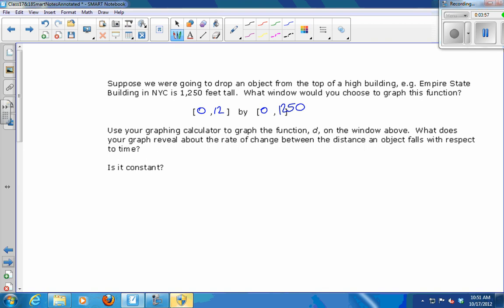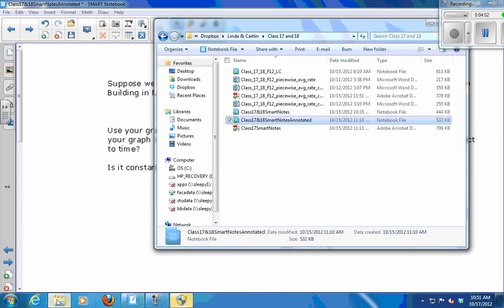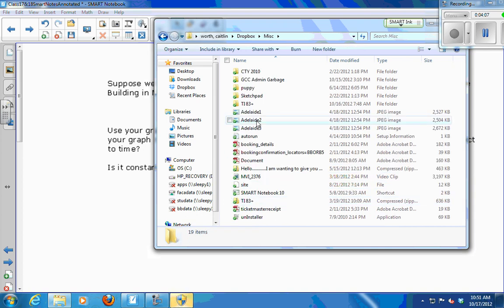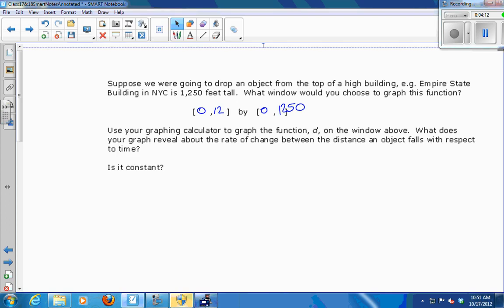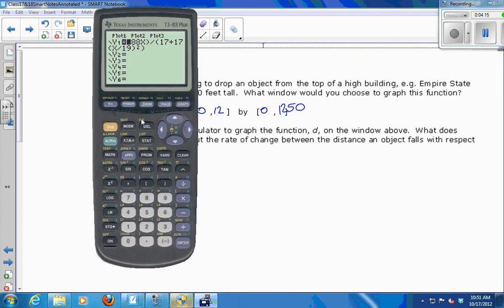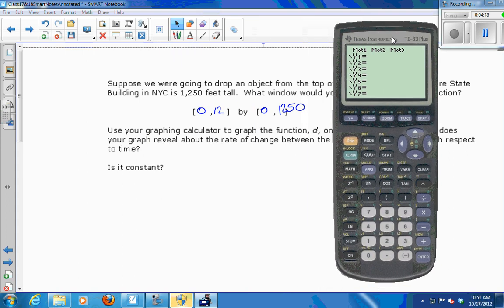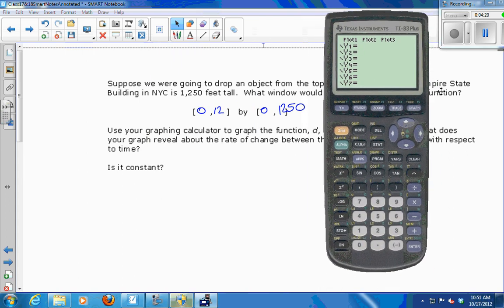Okay, so let's actually use our graphing calculator to graph this. I want to graph 16t squared. I don't have a t button, so I'll use x. So 16x squared, and then I'm going to set the window like this, 0 to 12, and 0 to 1250.